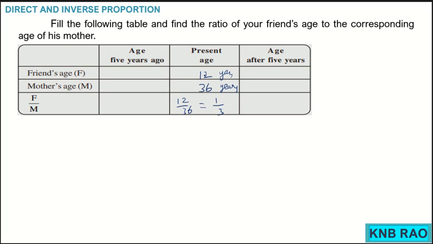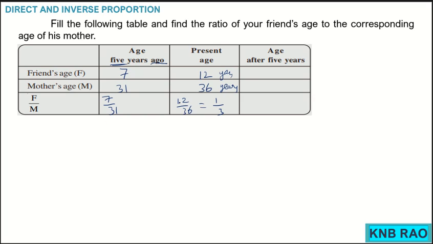What would be their ages 5 years ago? You have already solved these sort of questions, you know very well. So, 5 years before, he must be 7 years old and his mother must be 31 years old. Now, the ratio between them, 7 out of 31, would be 7 upon 31.